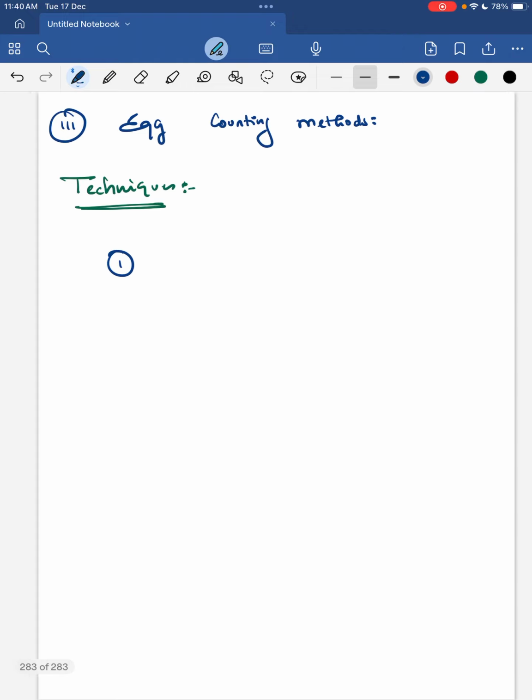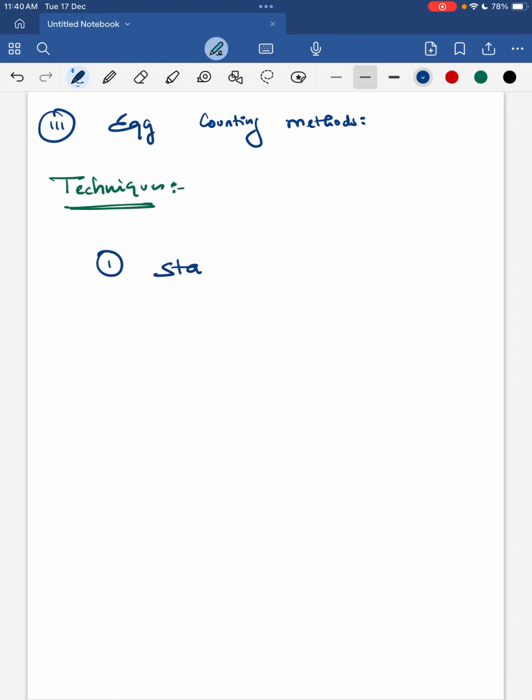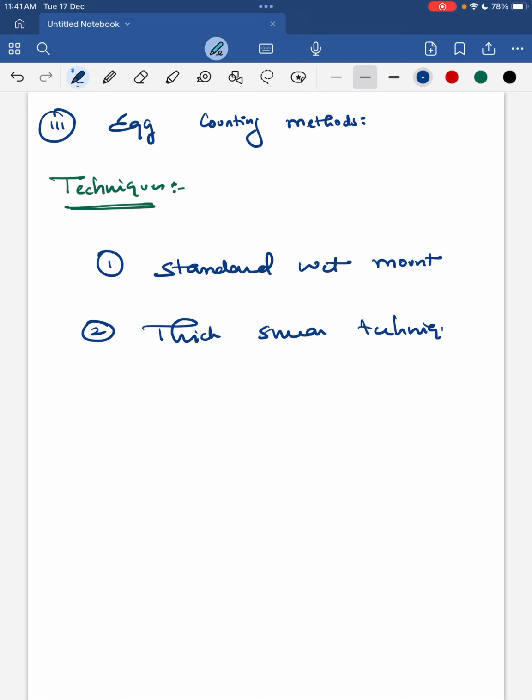And third one is your Stoll's dilution technique. Okay, so first one is your standard wet mount, second one is your thick smear technique, and third one is your Stoll's dilution technique. These are the techniques that are being used for counting eggs that are present in the stool sample.